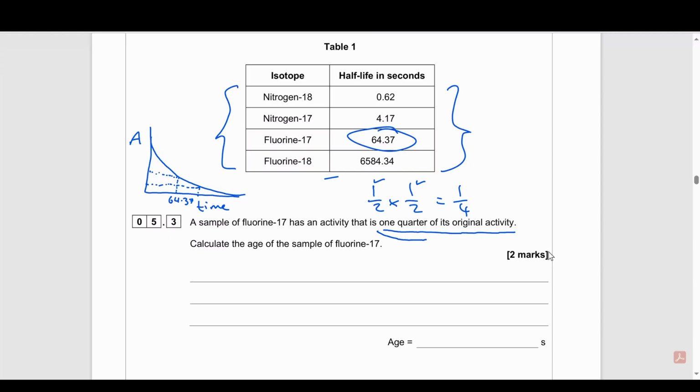So essentially what you found out is 2 half-lives. So it would be 64.37 multiplied by 2. There are 2 half-lives, and that would be 128.74.